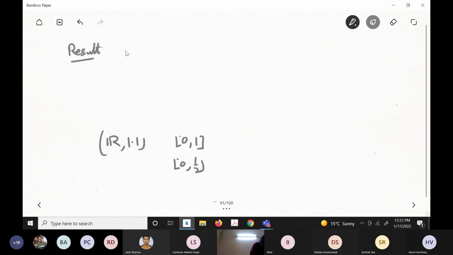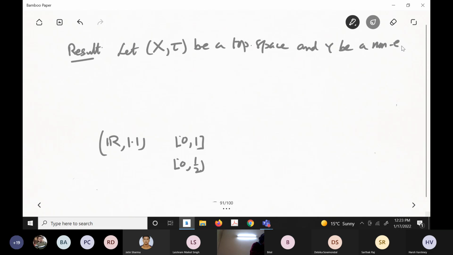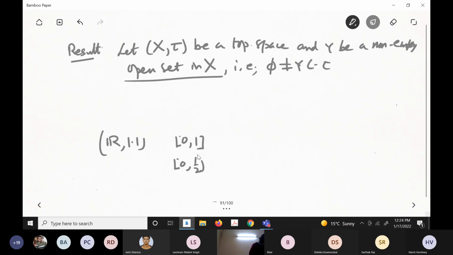But here, let (X, tau) be a topological space and Y be a non-empty open set in X. Look, this thing doesn't happen here.